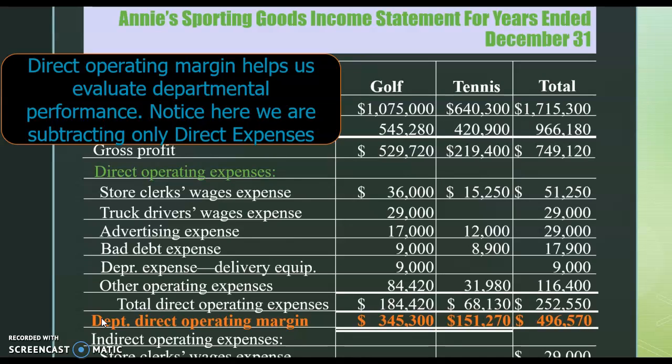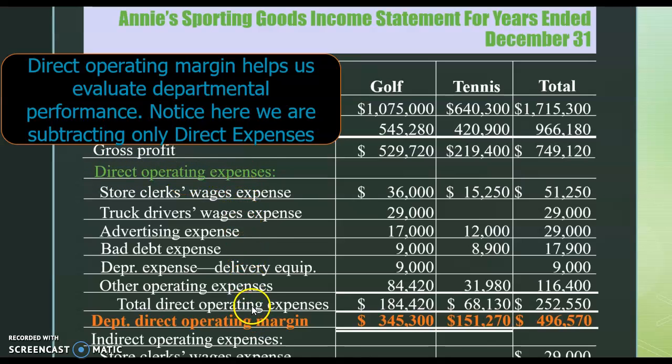Okay, so here we are back at Annie's, and we still have the sales minus the cost of goods sold is the gross profit. This top part is still the same. But now notice that instead of the total operating expenses, we have just the direct operating expenses.